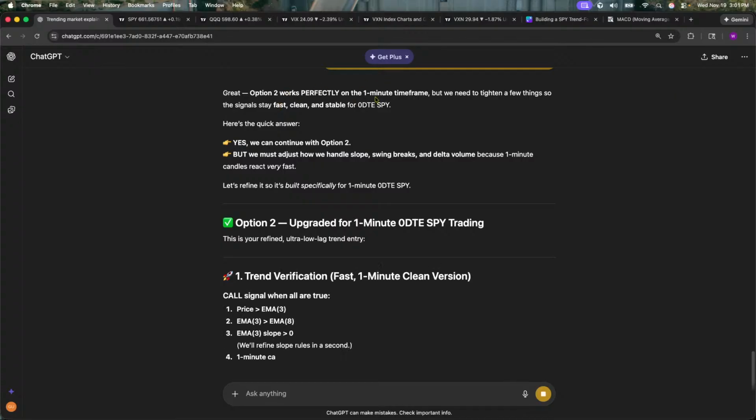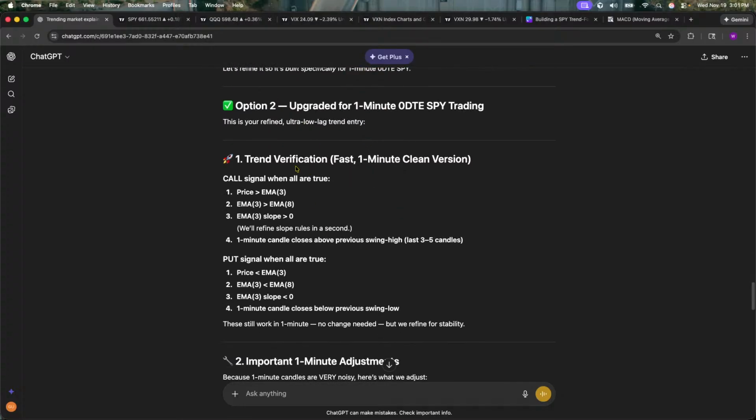Great. Option 2 works perfectly on the 1 minute time frame, but we need to tighten a few things so the signals stay fast, clean, and stable for 0 DTE SPY. Yes, we can continue with option 2, but we need to align how we handle the slope, the swing breaks, and the delta volume, because 1 minute candles react very fast. Let's refine it so it's built specifically for 1 minute 0 DTE.